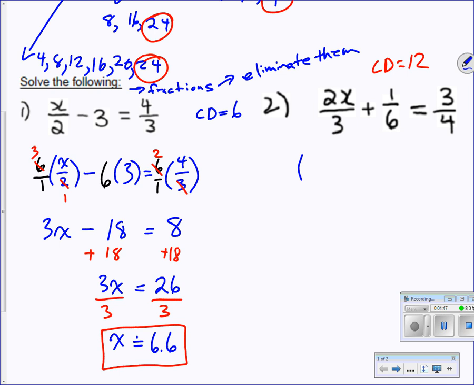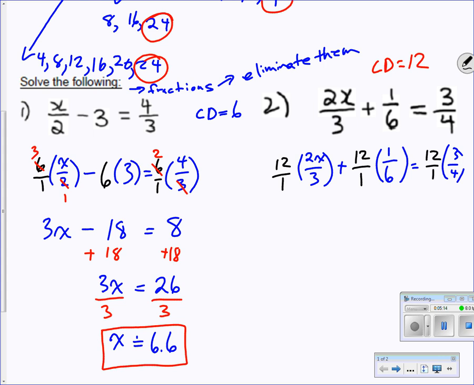We'll put everything in brackets, 2x over 3 plus 1 over 6 equals 3 over 4. Now we fill in our 12. We put 12 over 1 for the first part, 12 over 1 again for the second part, and 12 over 1 for the third part.